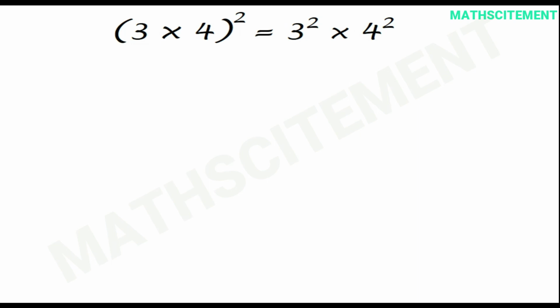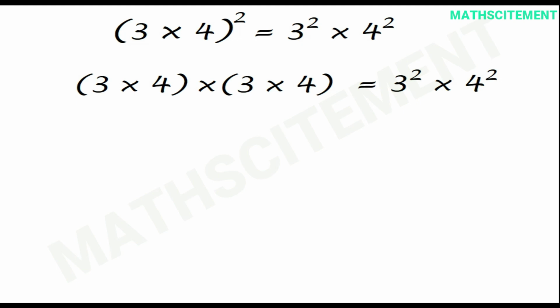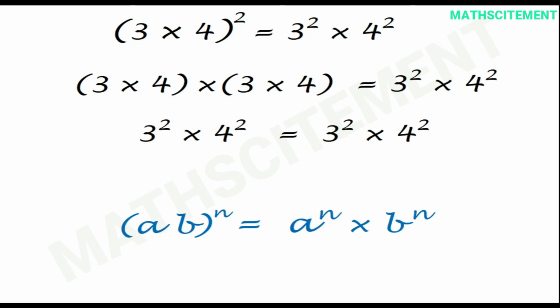The square of 3 into 4 can be written like this. Notice we have two 3s and two 4s getting multiplied together. So we can write them as 3 square multiplied by 4 square, which equals the right hand side. So we can generalize it into this law.